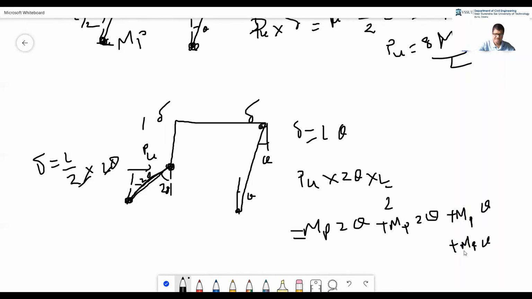So what is the total? 6. Now these cancel, theta cancels. So Pu into L is equal to 6 Mp. What is the value of Pu? So Pu comes as 6 Mp by L.